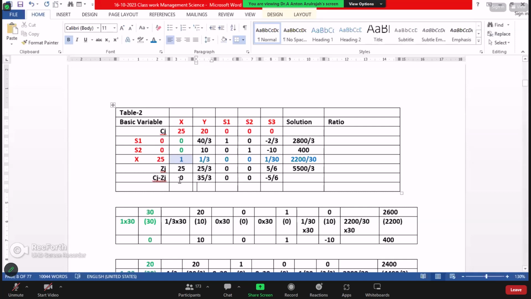So you see that this is 0, it's okay. Here 35 by 3 is a positive value. So it shows that again the next one is 0, next one is 0, next one is 0. Now you see at this point, what is the balance of material?